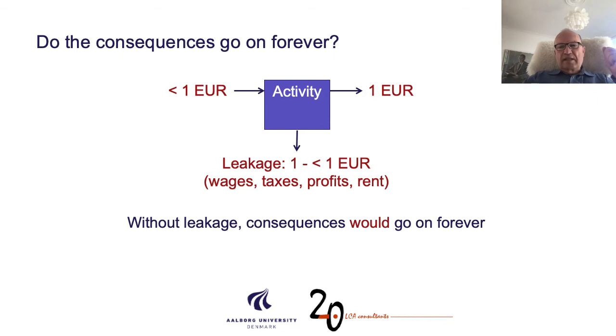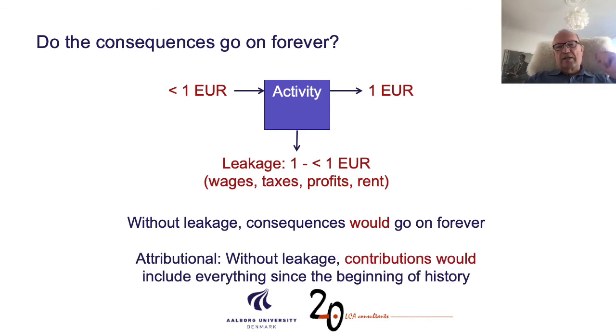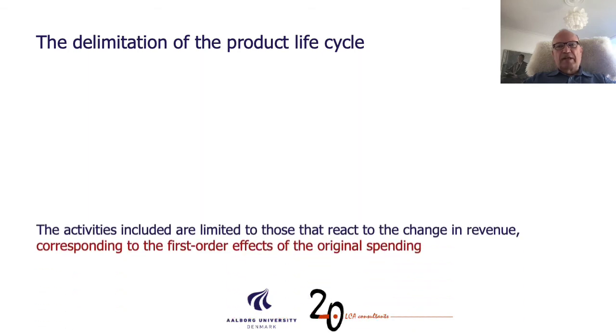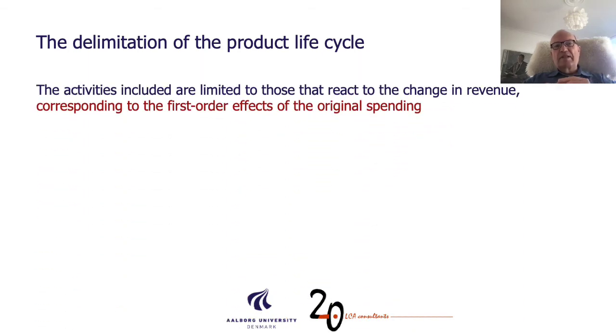You could say exactly the same for attribution of LCA, that without leakage, contributions would include everything since the beginning of history. But because of the leakage, that doesn't happen. So when we delimit the product life cycle, we tend to think that once you have spent the money and they've gone out to wages, we don't follow the consequences any further.